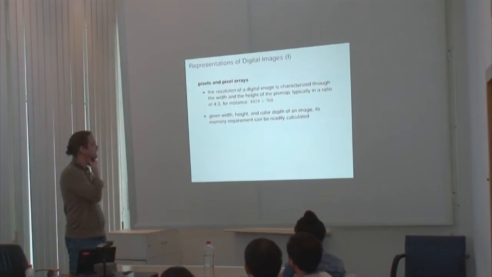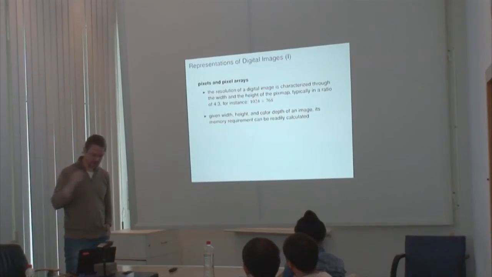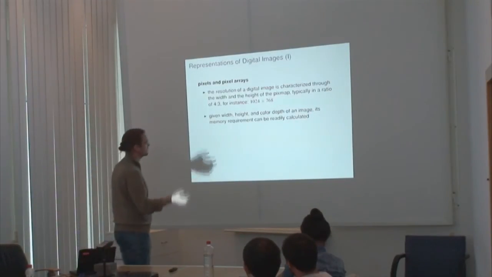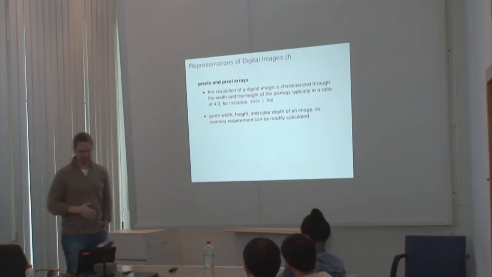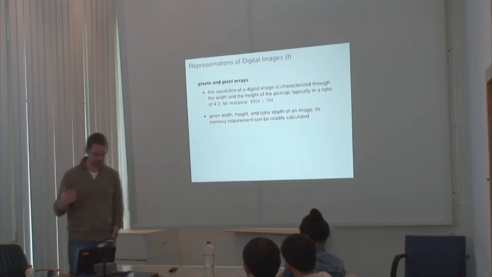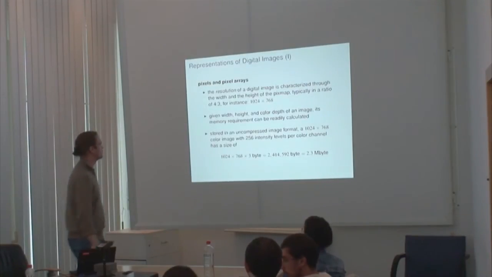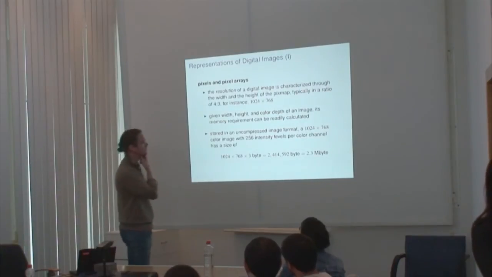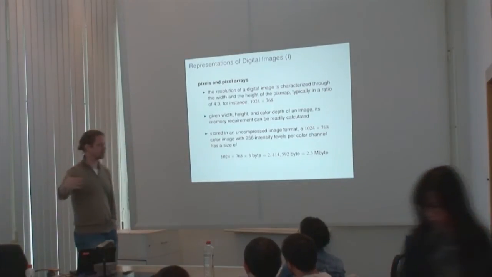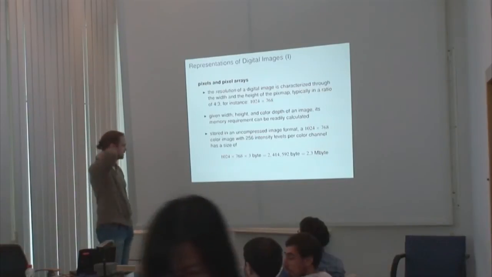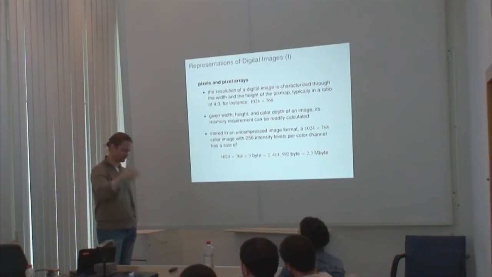If we have width, height, and color depth of an image, we can compute the amount of memory or storage we have to plan for if we want to store such an image. For this example, say it's a color image. That is, we have 3 color channels, and for every color channel we record 1 byte.